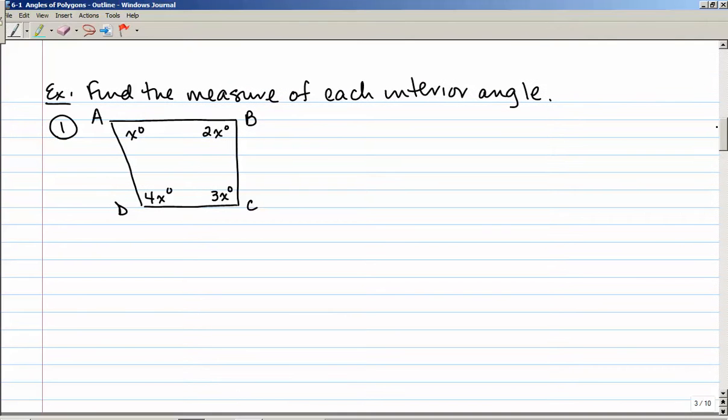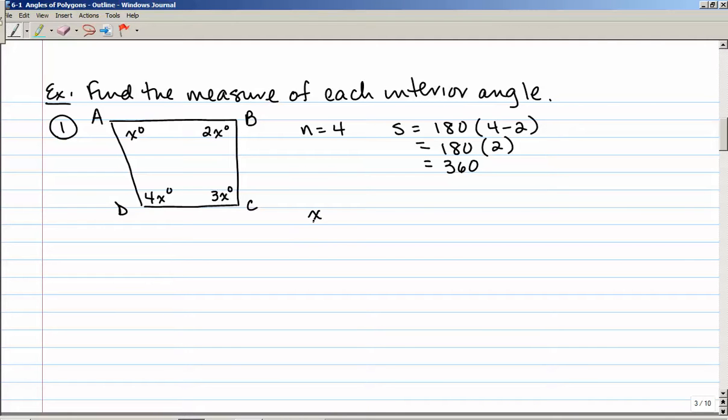Here's another couple examples. It says find the measure of each interior angle. In example 1 here we have a quadrilateral, a 4-sided figure, and the measures of the angles are x, 2x, 3x, and 4x. What we know from this is that n equals 4, so we need to find the sum of all of the angles. 180 times 2, so the sum of all 4 of those angles is going to be 360.